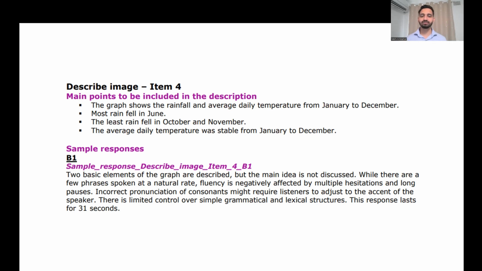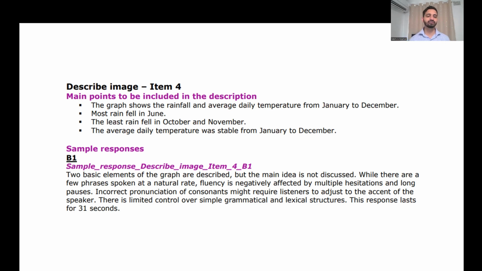Like I said, I personally would not look at too many complicated things because making the relationship could be very, very hard. But if I'm going for it, I have to do it before I start speaking, not after I start speaking. Okay, so B1: two basic elements of the graph are described, but the main idea is not discussed.